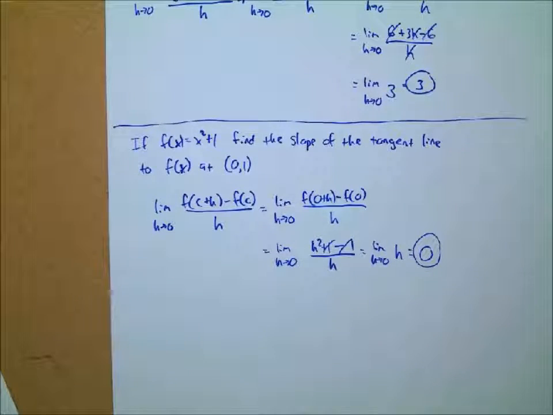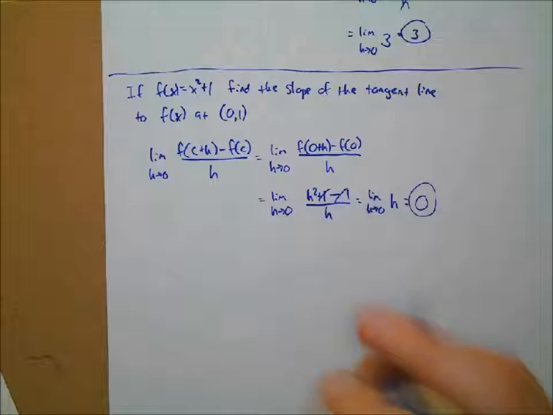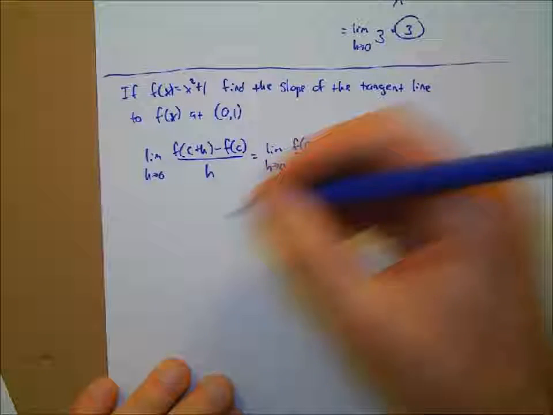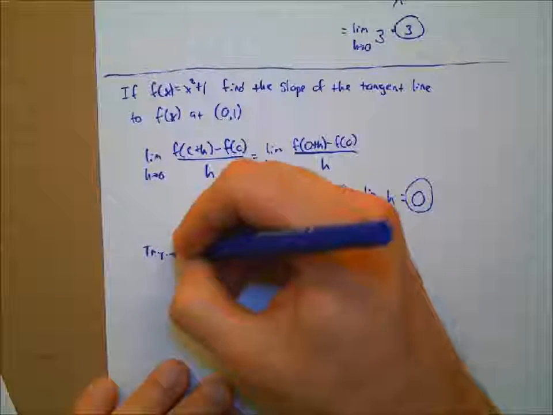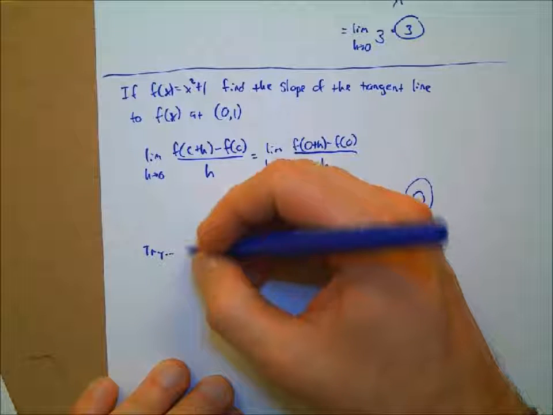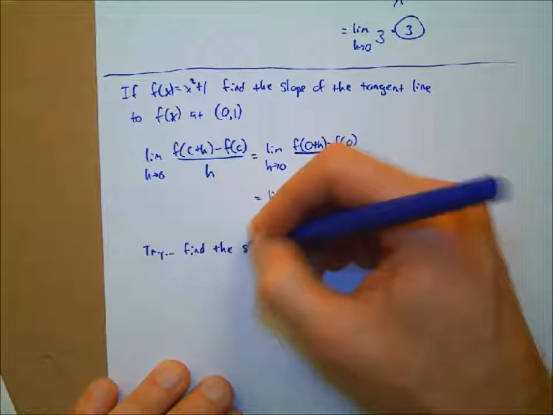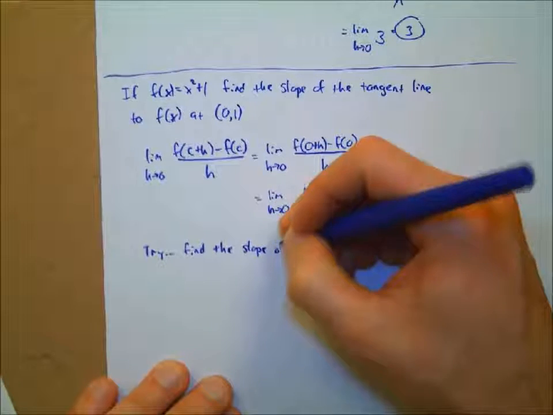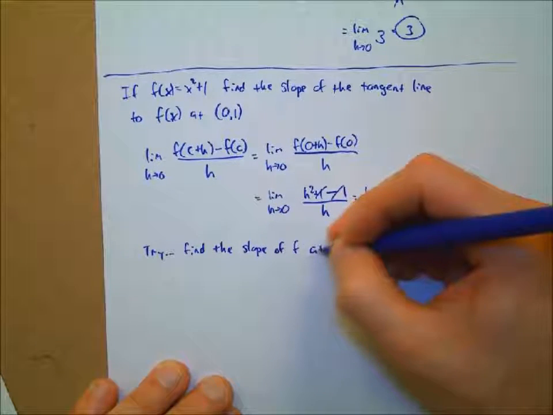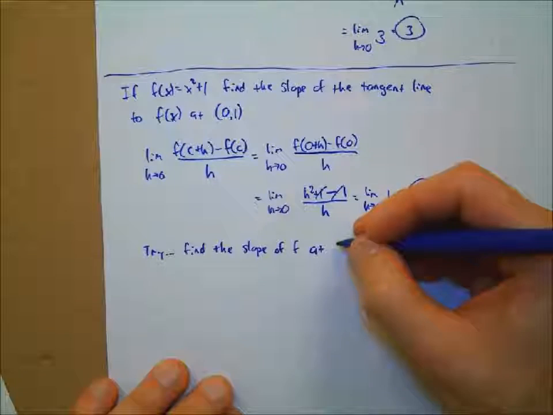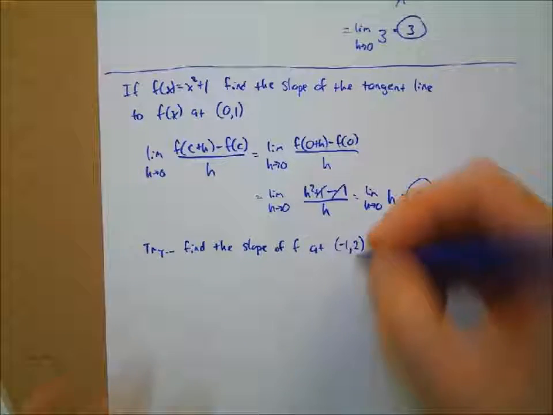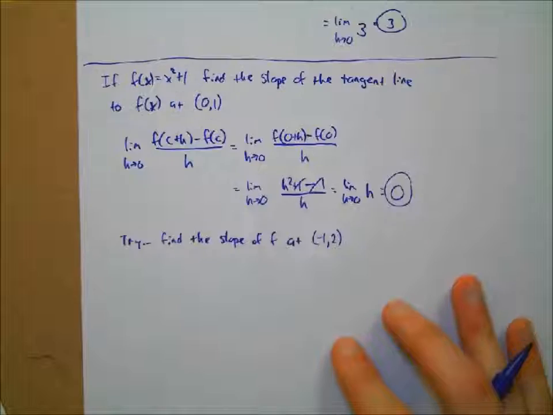All right, I'm going to have you guys try one, and then we'll get you started on the assignment here. So you guys try, same scenario, find the slope of f at the point -1, 2. Go ahead and try that one. Same function.